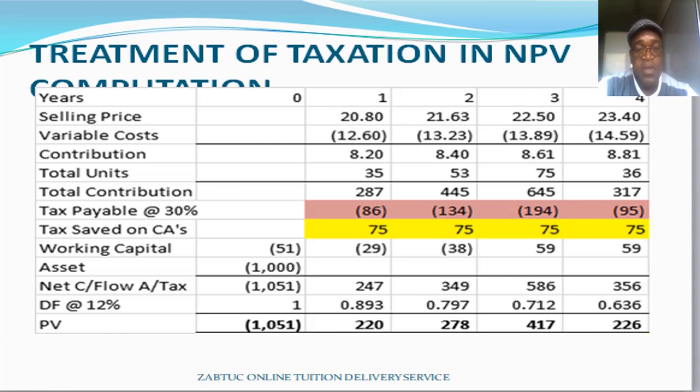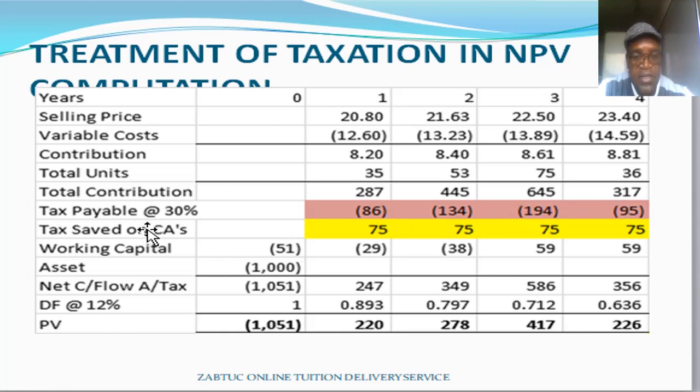So therefore, here are the two lines that I was talking about in the typical NPV computation. Then you've got two lines that we are going to use ourselves for the treatment of taxation. So we're going to have tax payable on these net cash flows. In this particular situation, we're saying these are the net cash flows, and we're paying tax at 30%, and these become the cash outflows.